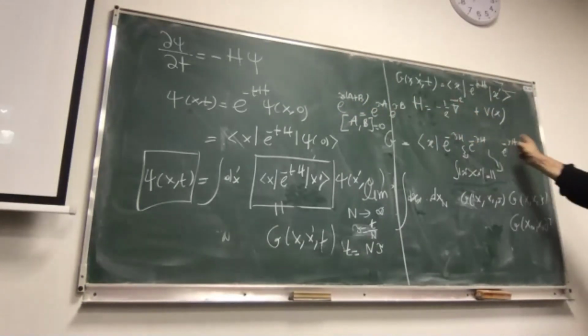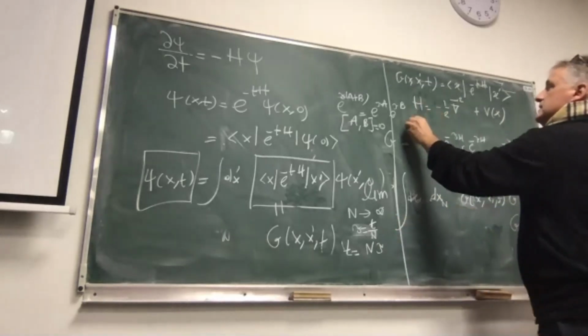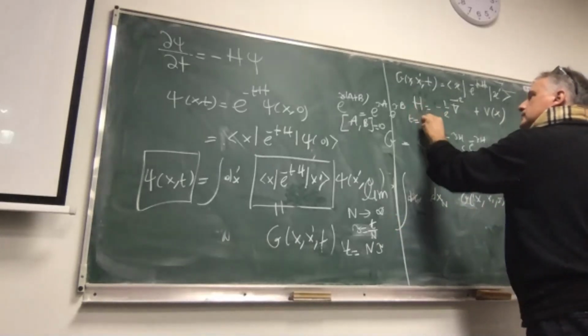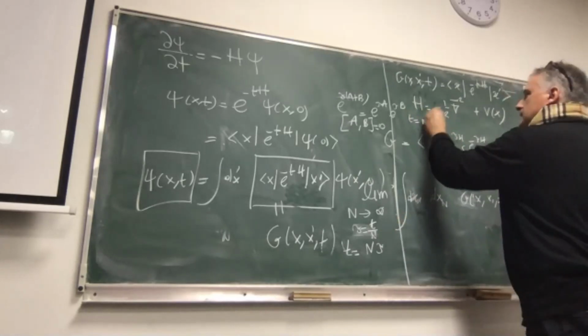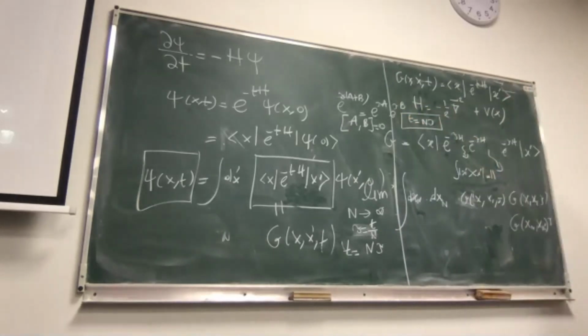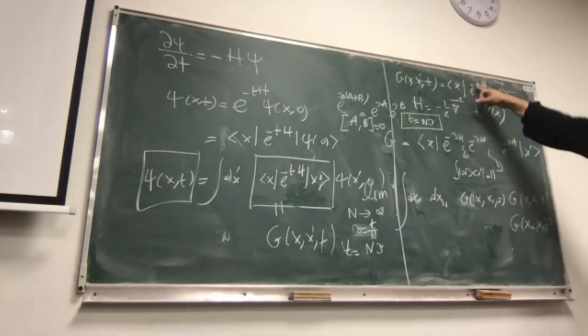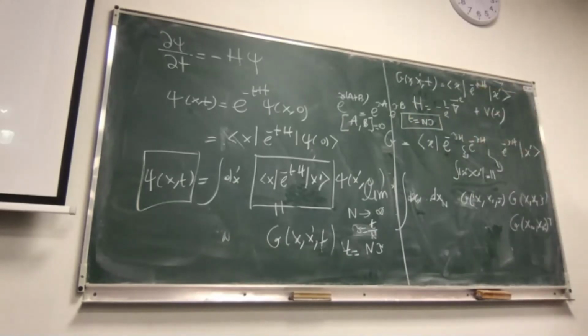It's exact. T has been replaced by tau. T is n tau, T is tau plus tau plus tau. I'm sorry, I've not been clear enough.